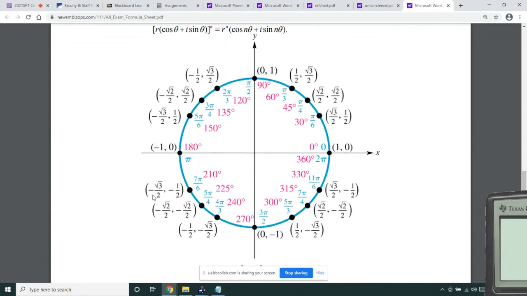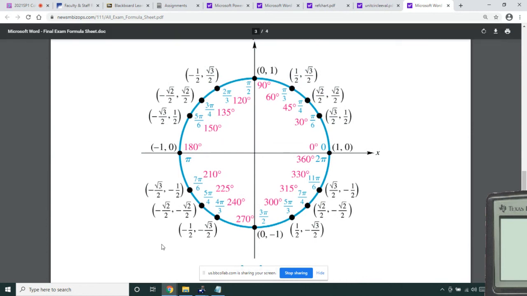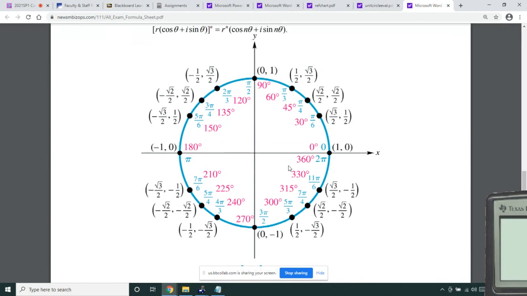However, on this unit circle, I'm only given X and Y. So if I'm using the unit circle, the cosine is X over R. And I really want you to see how this relates.